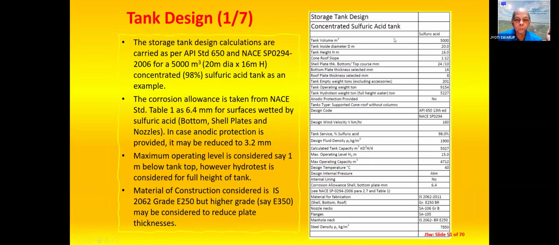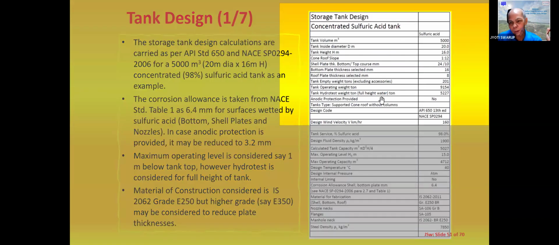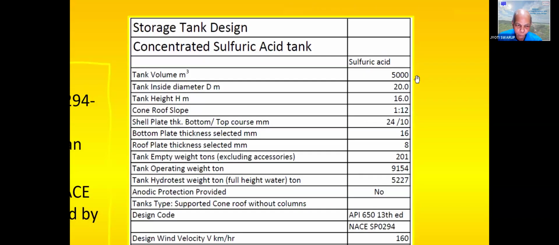The typical storage tank design for sulfuric acid I have given here in these few slides, where you can see the calculations. For a 5,000 cubic meter tank, a sample calculation: 20 meter diameter, 16 meter height, cone roof, shell plate thickness 24 and 10 millimeter, bottom plate thickness 16 millimeter.